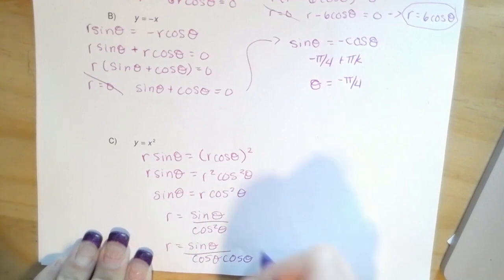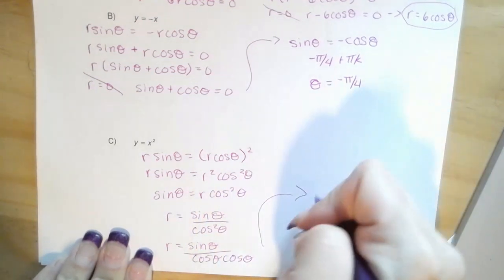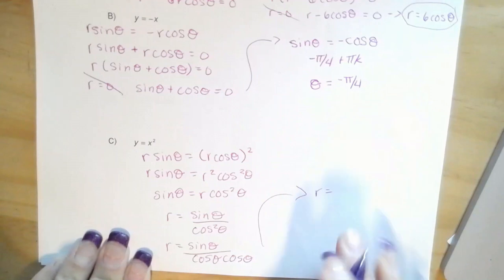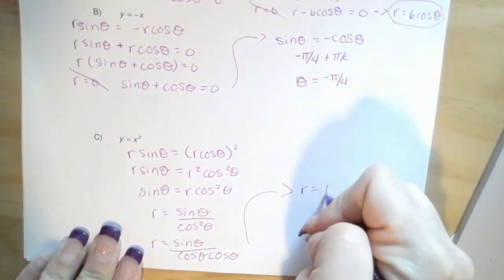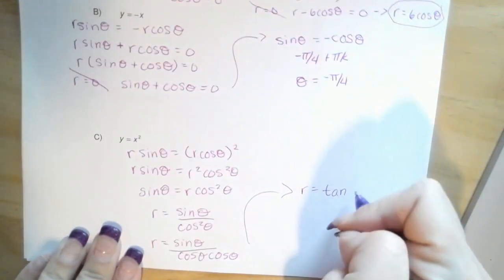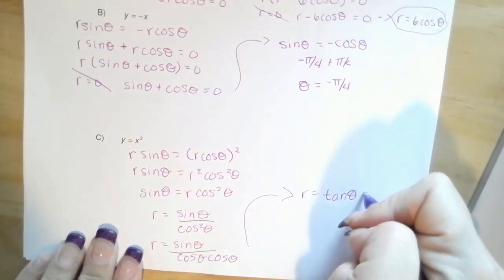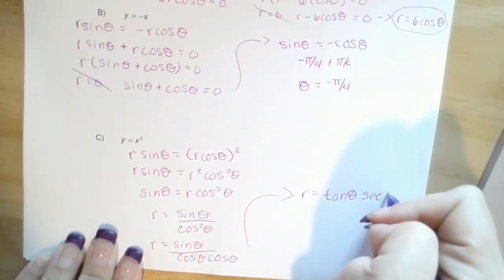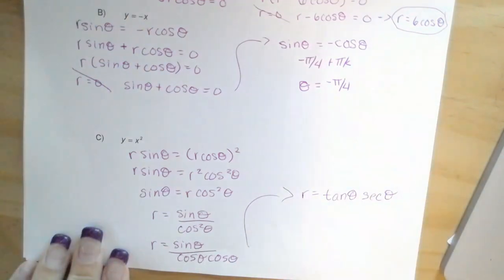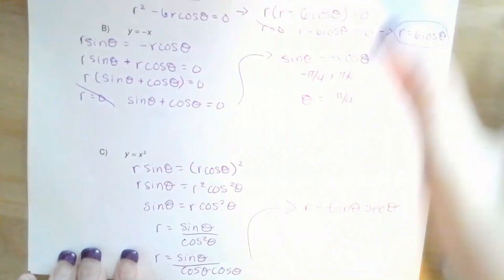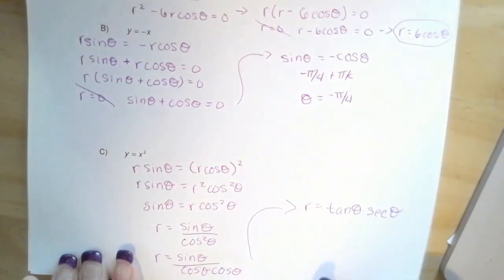Well, what does that change into? Well, sine over cosine is tangent theta, and 1 over cosine theta is secant theta. And we're done, because we got our r equal.